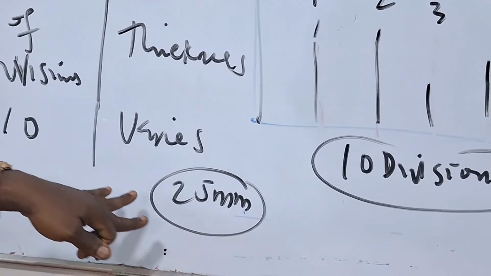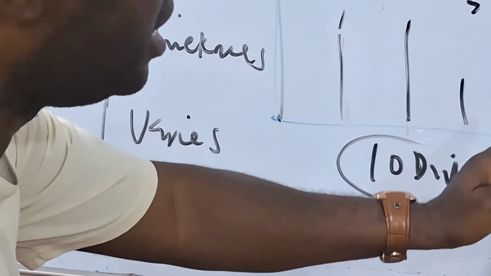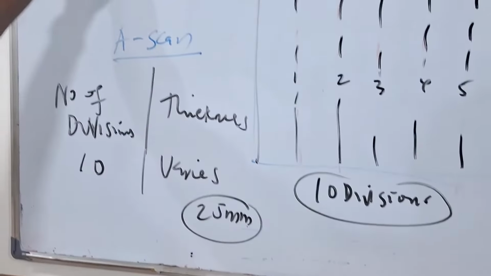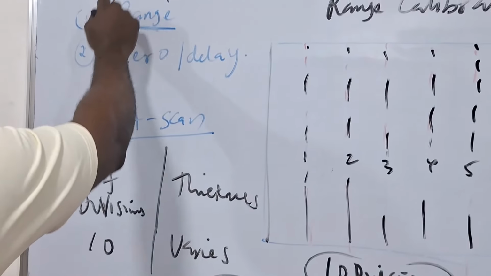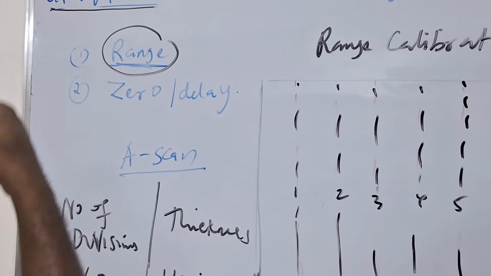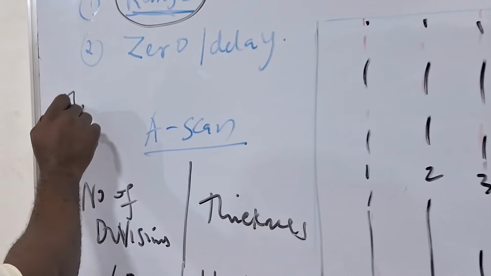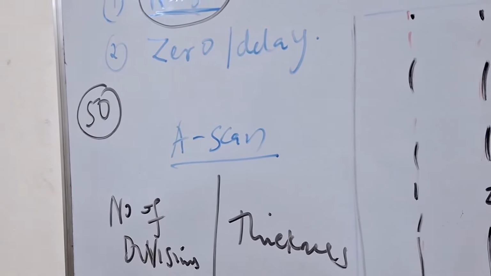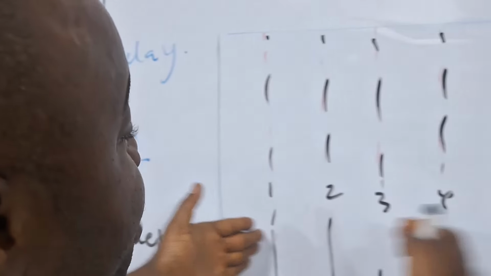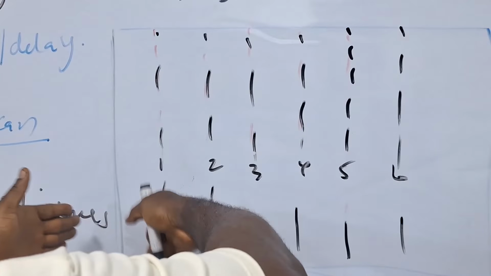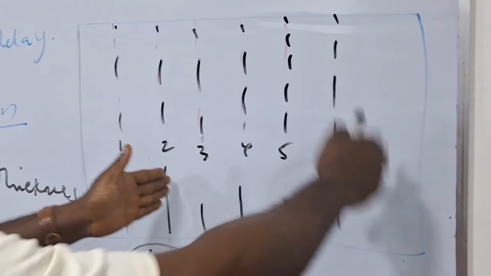The number of echoes that are going to come out in your machine will be based on your range. So let's break it down. If I set my range for 50, it means my screen that has 10 divisions is going to split 50 into 10 places.